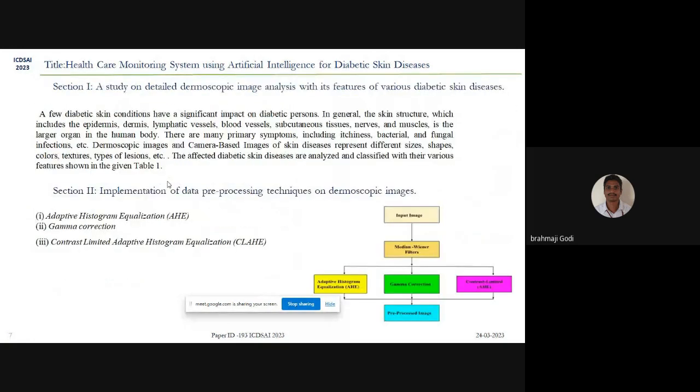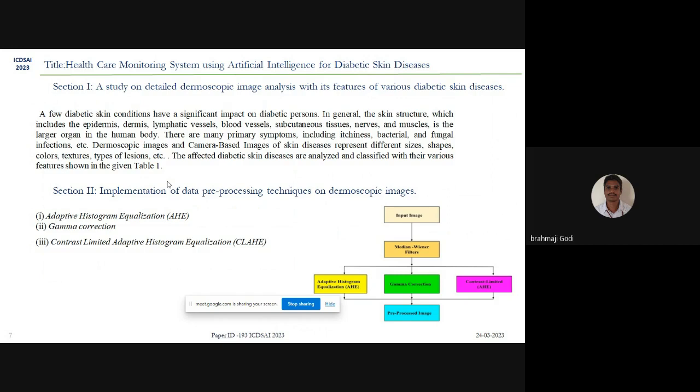And the next step here, sir: before going into it, we have done some dermoscopic analysis based on the camera based images by size, shape and color detection. As I specified earlier, here we do some pre-processing, sir. Pre-processing is done in 3 levels; we do not use a single pre-processing. We have used the adaptive EHE model, gamma correction, and the CLAHE model, contrast limited adaptive histogram equalization.